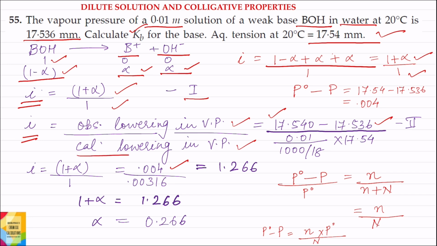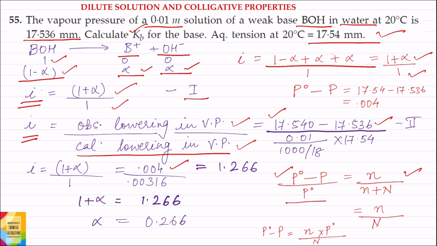Now calculated lowering in vapor pressure. For that we will apply the formula: relative lowering in vapor pressure is equal to the mole fraction of solute. Relative lowering in vapor pressure is vapor pressure of pure solvent minus vapor pressure of solution divided by vapor pressure of pure solvent, and this is equal to the mole fraction of solute.